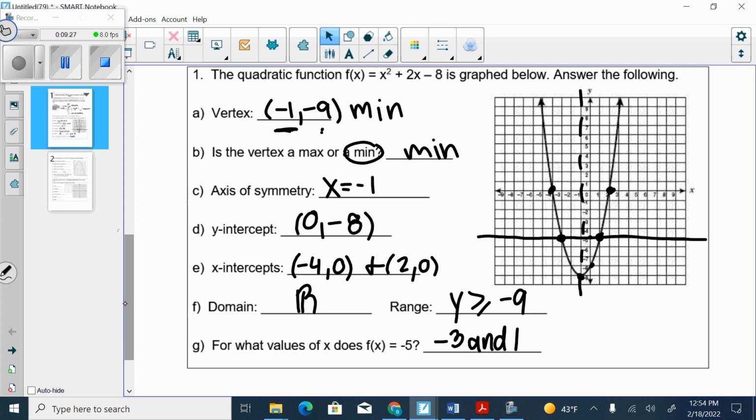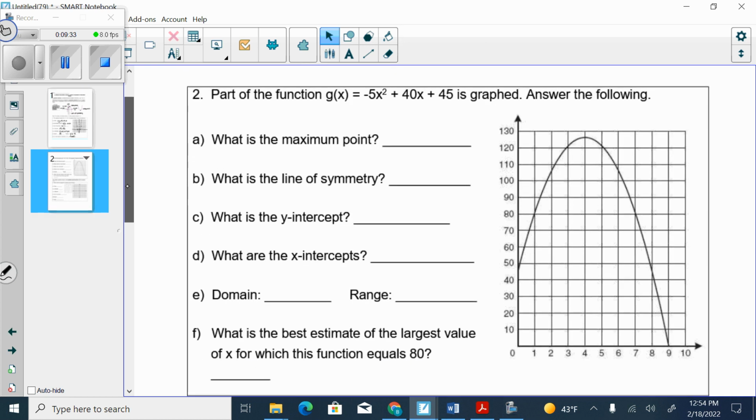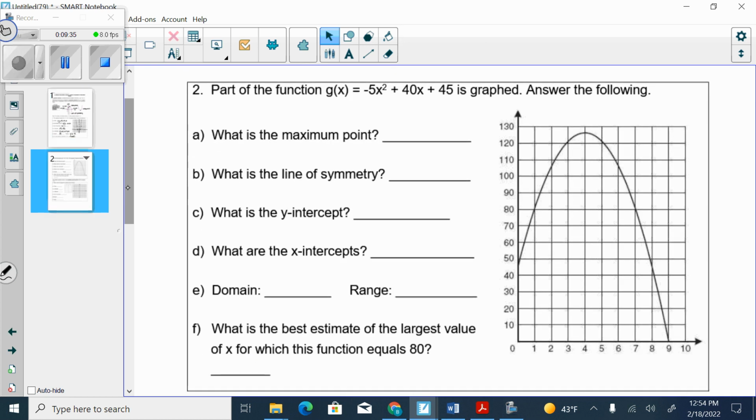All right, flip it over onto the back. We can see the top now, and we can see the y-axis and all that stuff, so we'll be okay. I think we can still fill it in. Okay, so on number 2, with this equation, it says where is the maximum point?